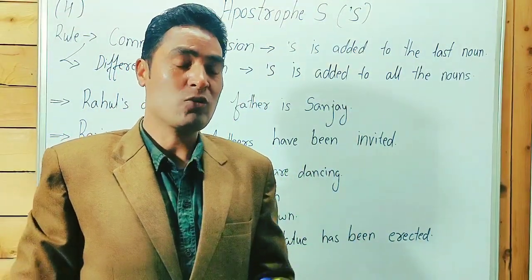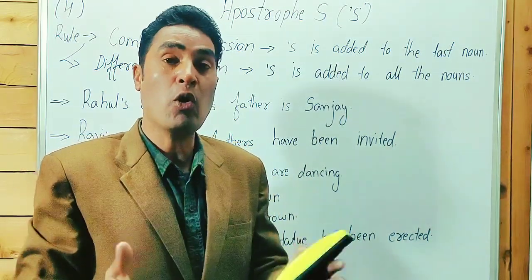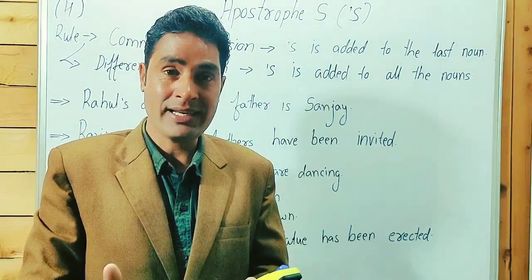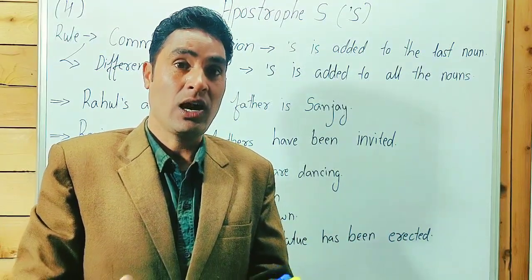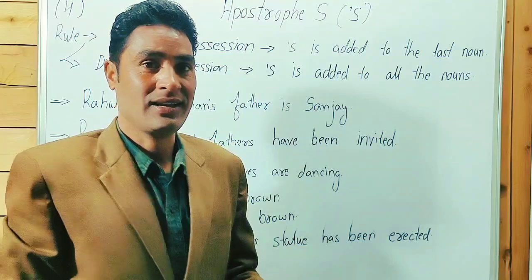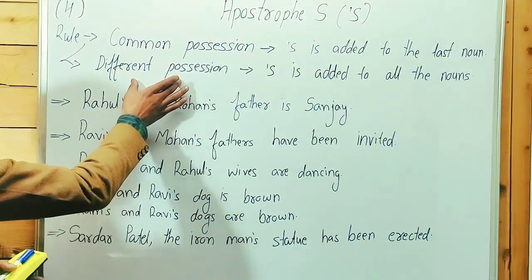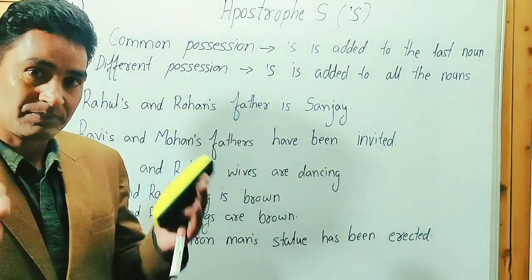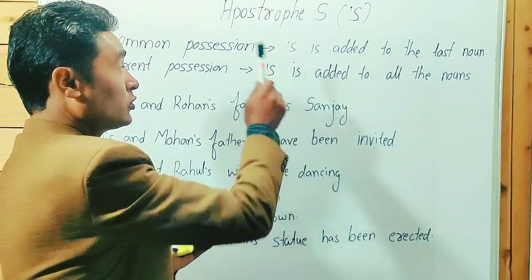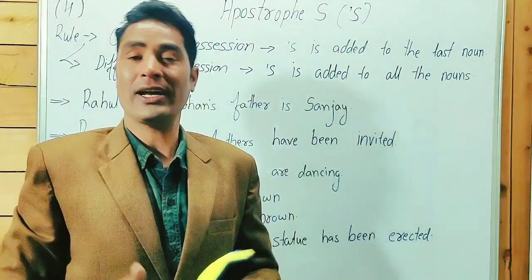If two or more nouns have common possession of one thing or person, apostrophe S is added to the last noun. If they have different possession, apostrophe S is added to all the nouns.